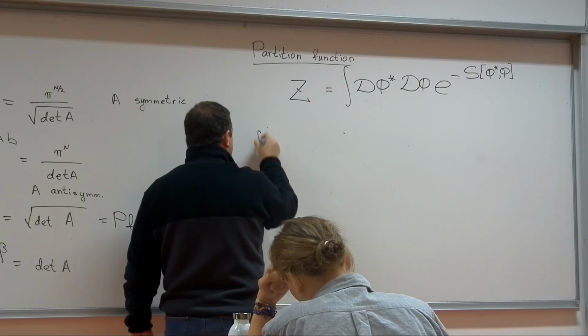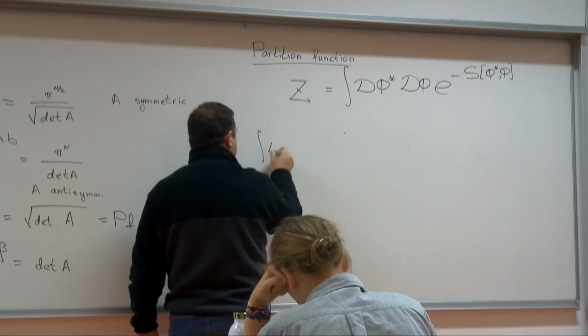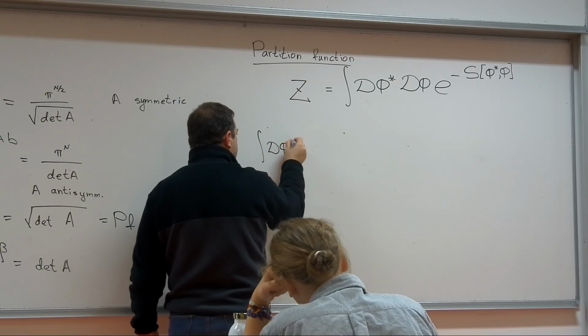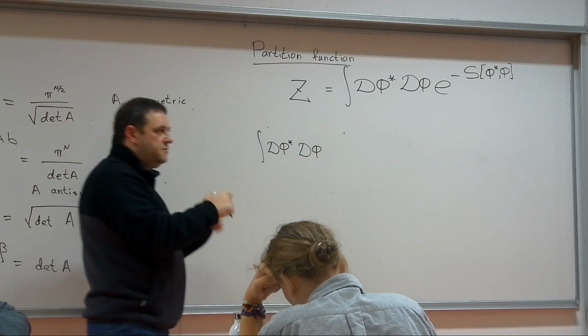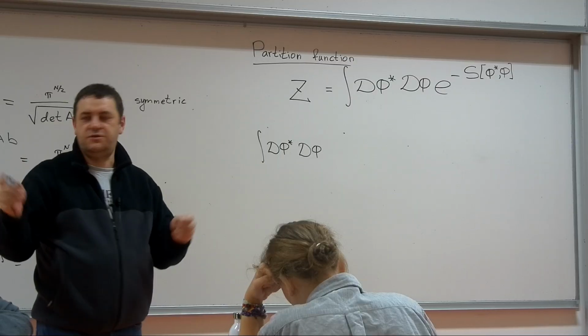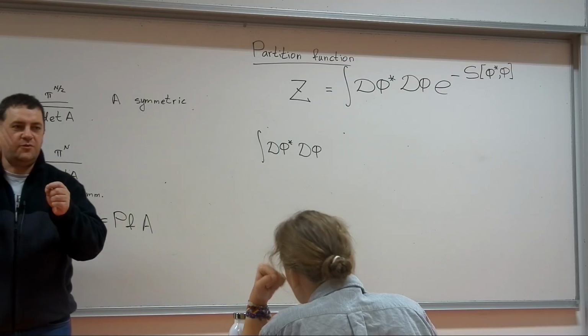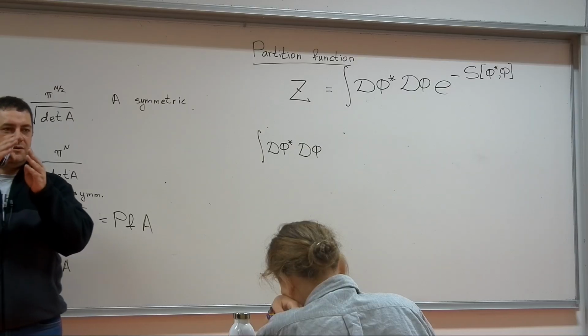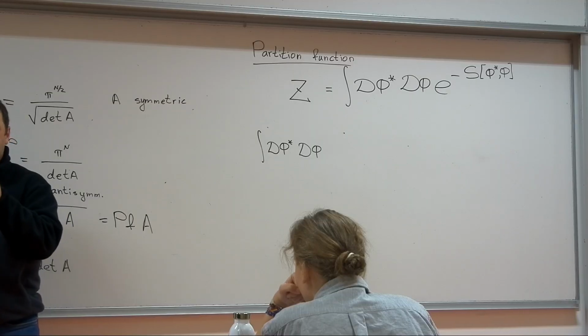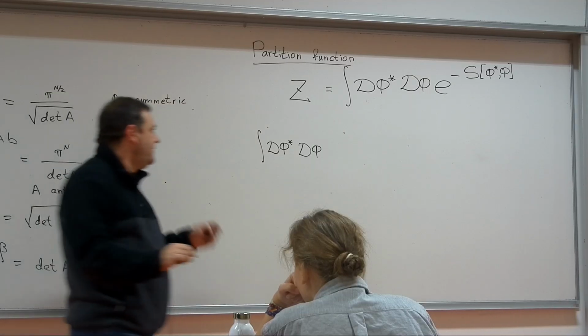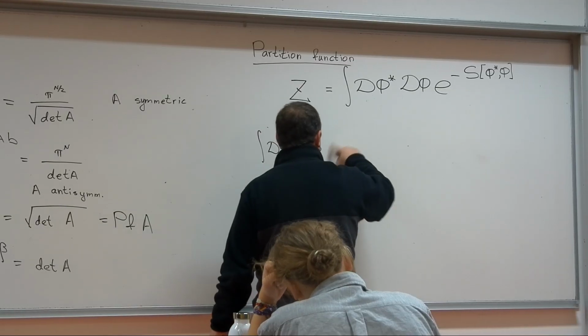A different question: what will happen if I take the same integral, phi star and phi? When I write this capital differential, it means path integral, which just means integrate over phi at every point. Phi is a different variable at every point r, and I integrate over this variable at every point. This is a path integral.